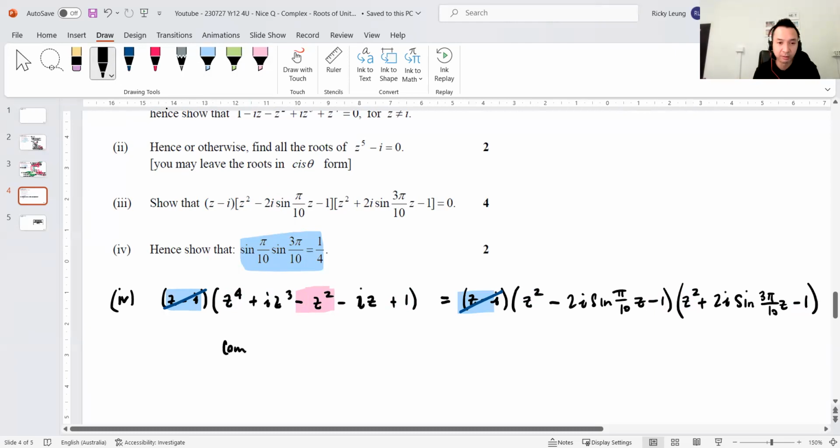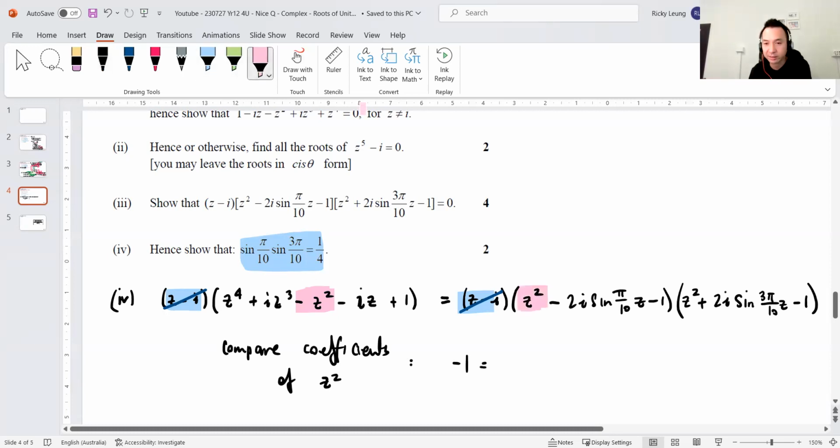If I compare coefficients of z squared on this side, -1. On this side, to get z squared, how do I get it? This guy times that.